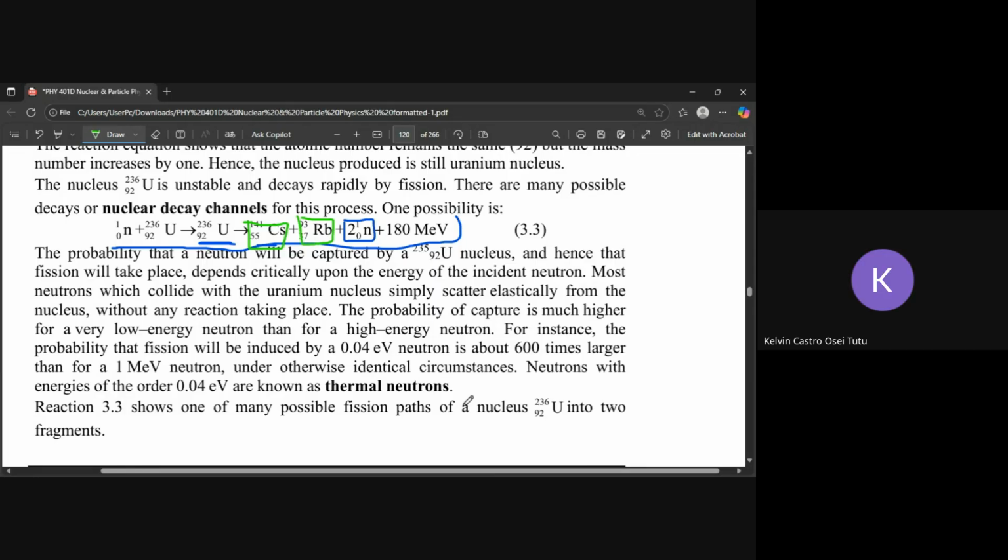I get it. Yes, the one with the order of 0.04 sees it as just thermal, something like heat, but it doesn't cause it to undergo a nuclear fission reaction. But the one with more than 1 mega electron volt is the one that can go further and cause the fission reaction to take place.